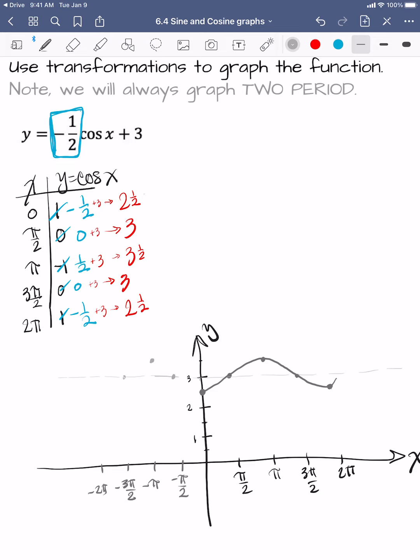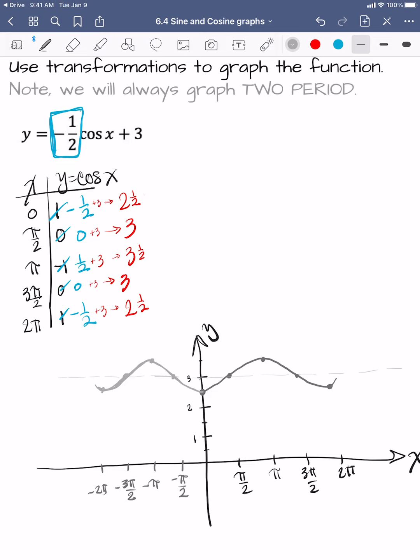Negative 3 pi/2, back to the midline. And at negative 2 pi, you're going to go back to 2.5. And so he's the upside down W, which to me is still a W, but you can say he's an M.